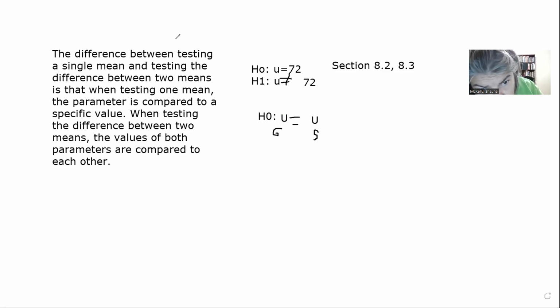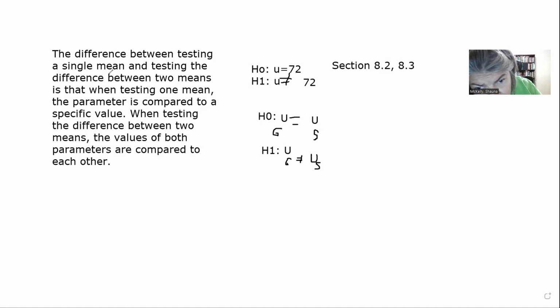Now my H1 is that this is not equal, okay? So my H1 would be mu of geometry is not equal to mu of statistics, let's say. And I would perform, there's appropriate testing to perform for each one of these. Now, that's my example, right? This is the difference.